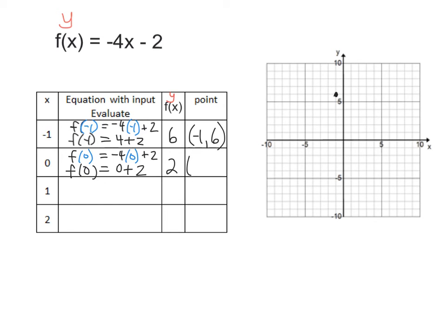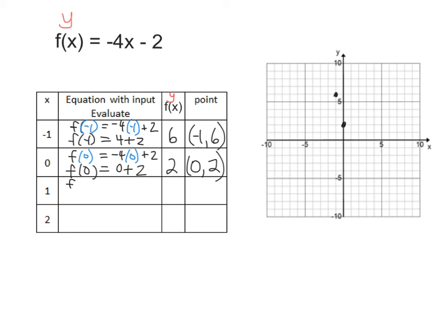So when x is 0, f of 0 is 2 for our output. Be careful with 0, 2. Okay, where are you picturing 0, 2 over here? I hope you're not picturing it right there, because that is 2, 0. 0, 2 is right here. 0 on the x-axis, 2 on the y-axis.